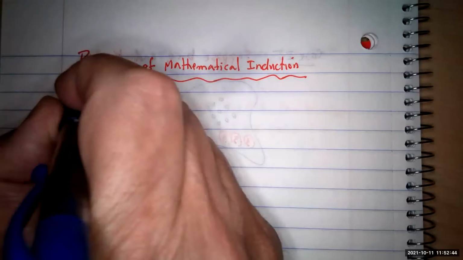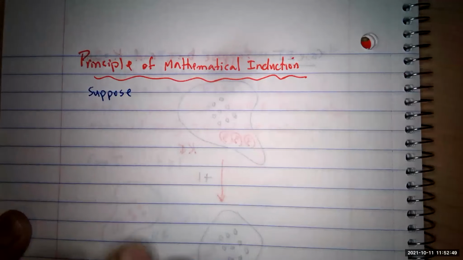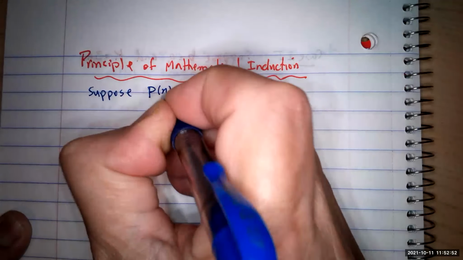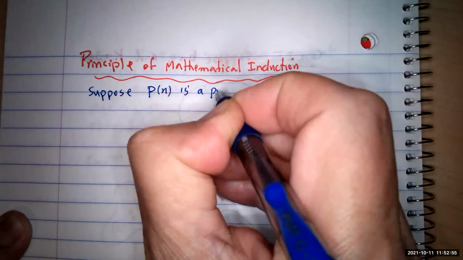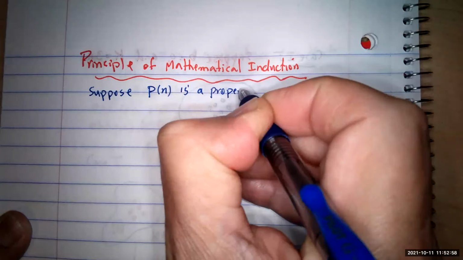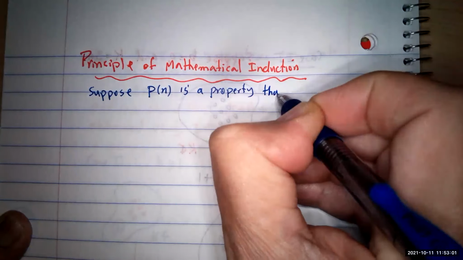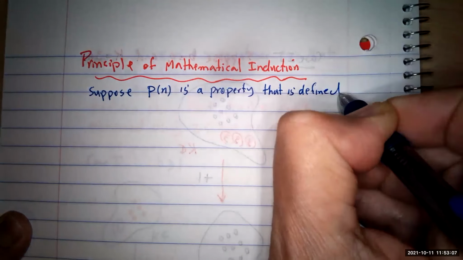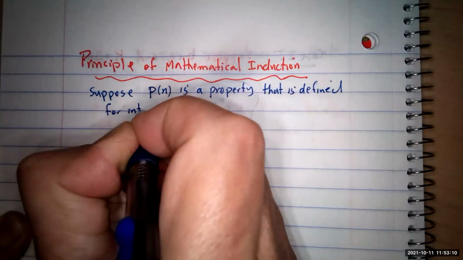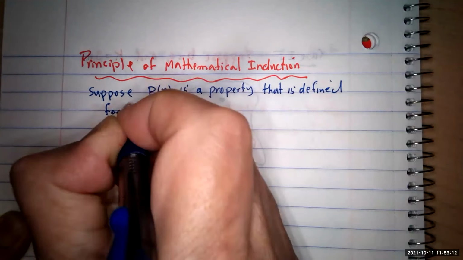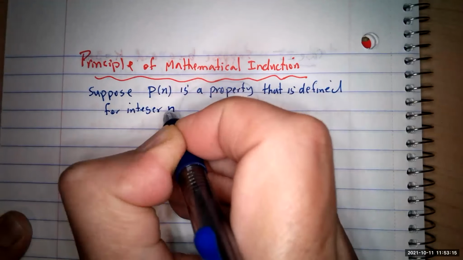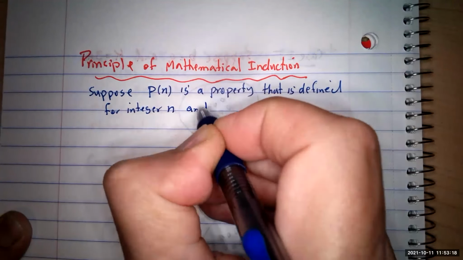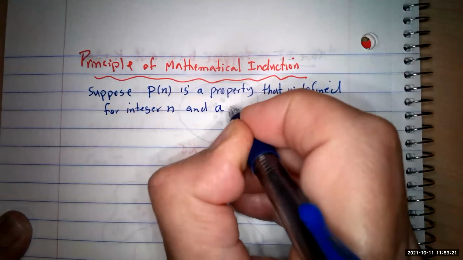As I did, suppose Pn, whatever it is, is a property that is defined for integer n, a positive integer, and a fixed number a.